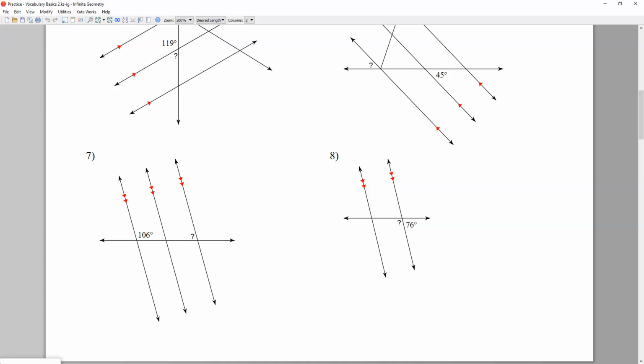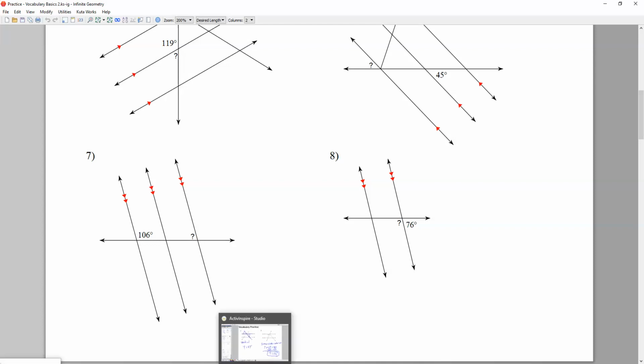And I'm going to subtract the 106 over and get 74 degrees. Number 8, those are, oh man, what are those? They make a linear pair. So linear pair and question mark plus 76 equals 180. Subtract the 76 over, you get 104.